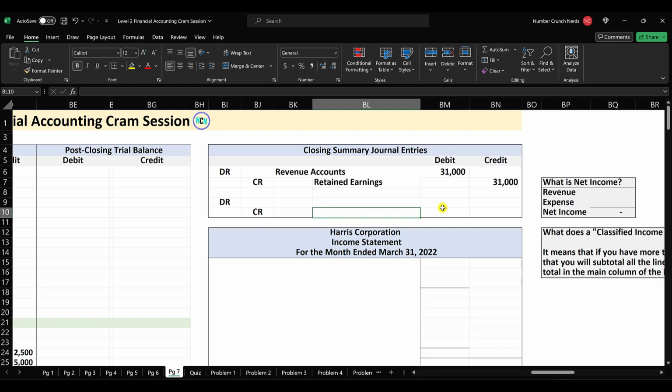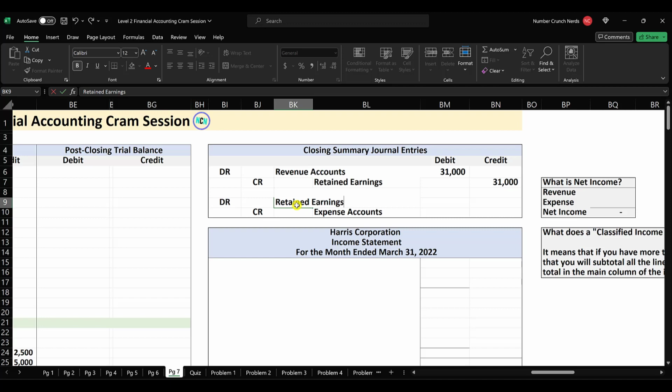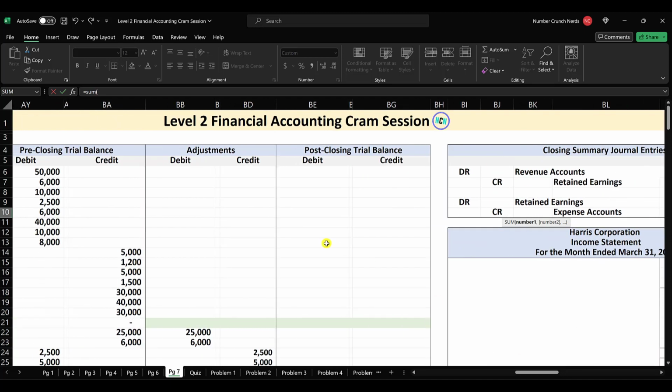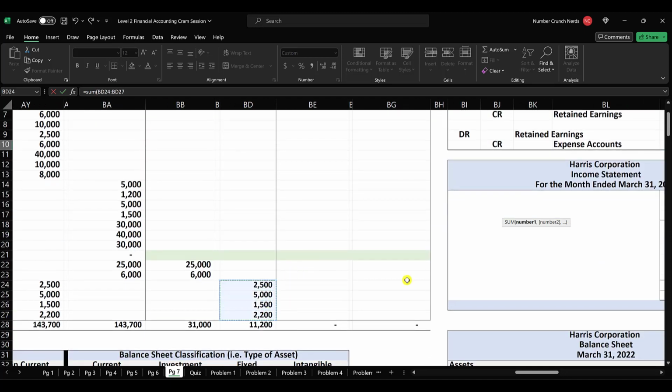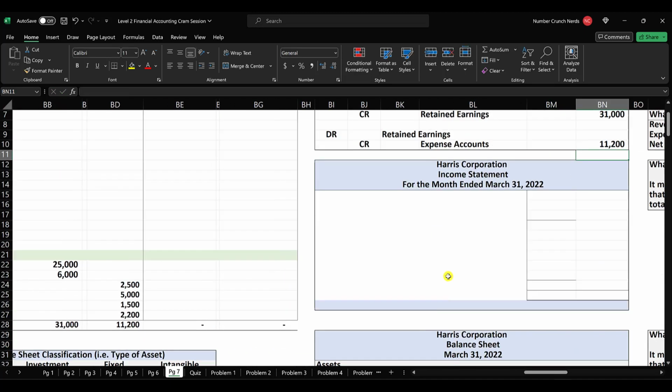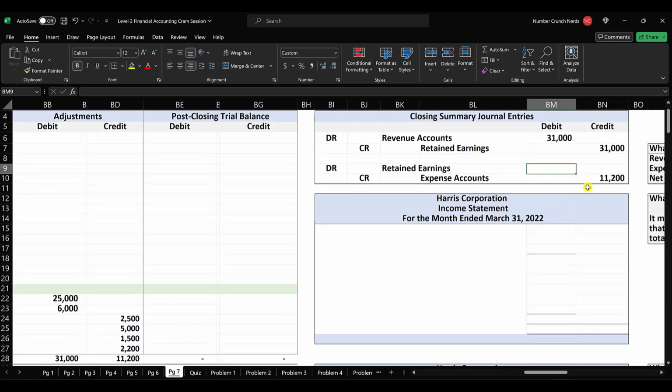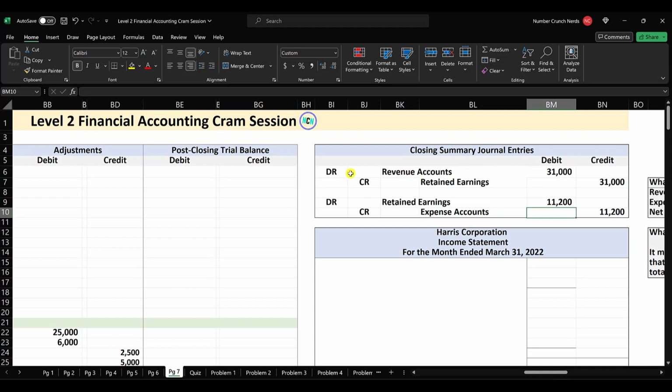So we're going to put a summary entry here, expense accounts, and we know this side is going to be retained earnings. Then I'm just going to sum up all of these credits that I just made to the expense accounts. I know that this number is going to be the same thing. So there's our entry right there.